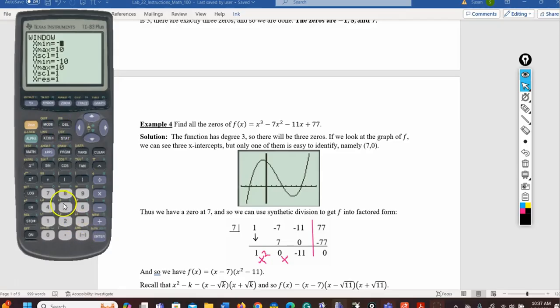So I might take that from -5, and then I might just try -20 to 20 for the y value. So this is very individualized. Then I'm going to press graph and see. Okay, I've got a better idea. I could probably make it a little bit better if maybe I take this from -30 to +30. So I'm just refining it.